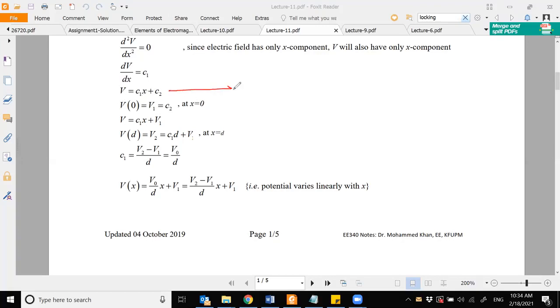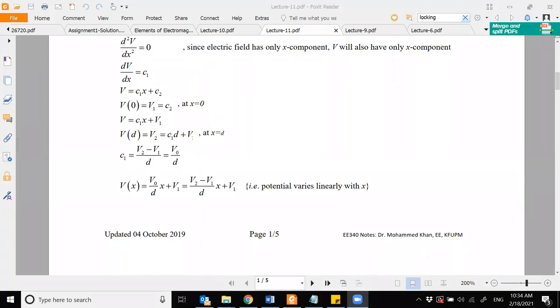I will get V0 over d times x plus V1. Since the right hand side is a function of x, the potential as a function of x is V0 over d times x plus V1. This is the potential expression.